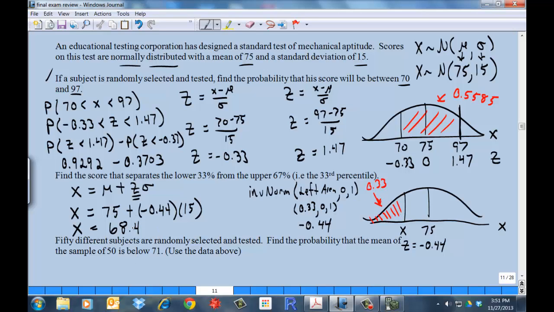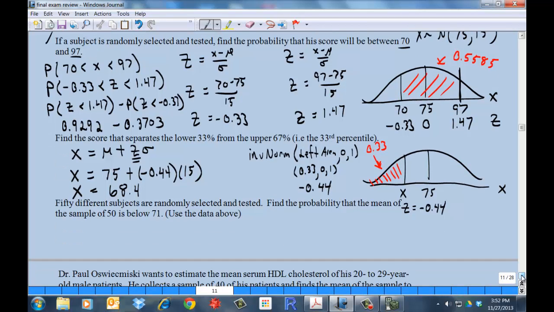And so now we can say something like, if a test taker scores 68.4, then that test taker is placed into the 33rd percentile, which means that that test taker scored better than 33% of all other test takers, and they did worse than 67% of all test takers.